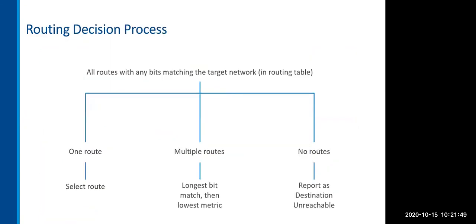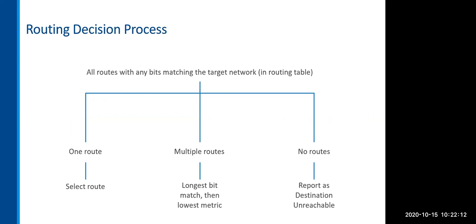It would have knowledge of other paths, but only the best path information goes into the routing table. And then, when a router receives a packet for a destination, it will compare that destination to its routing table. It says, okay, does my routing table have a path for this particular destination?